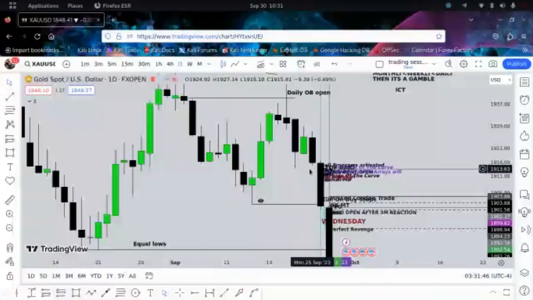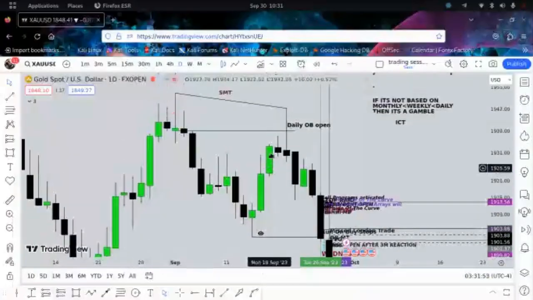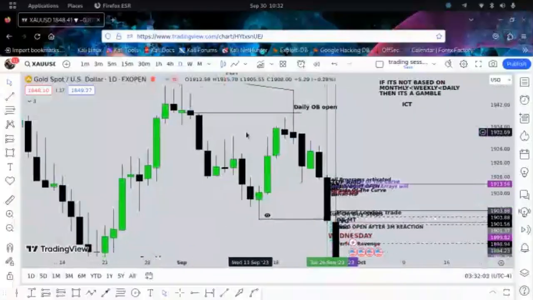My whole narrative was bearish, because you can see on this daily chart, price was reacting from this order block. So price was still trading lower, and my technicals were in line with the quantitatives and the fundamentals.